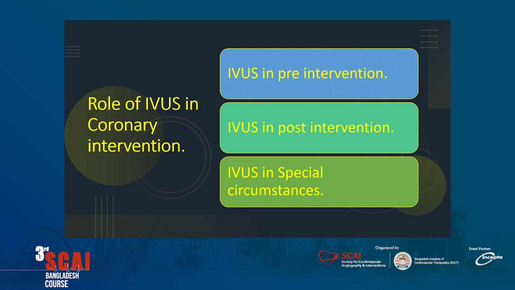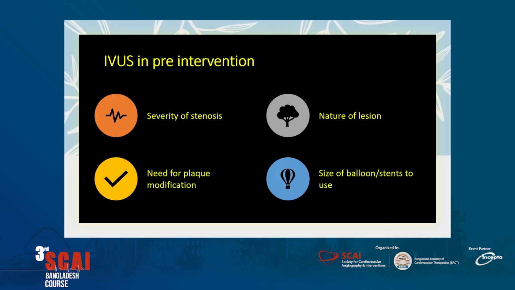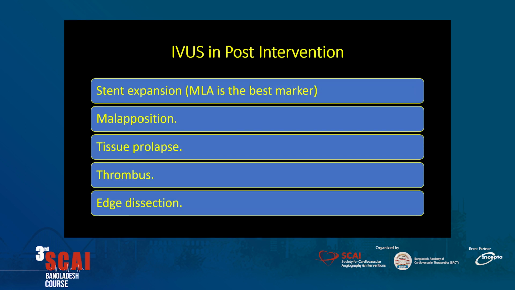Why we use IVUS: for pre-intervention, we see severity of stenosis, nature of lesion, need for plaque modification, and size of balloon and stent. For post-intervention, after putting the stent, we see stent expansion. It is the most important MSA marker for future long-term outcome, as well as malapposition, tissue prolapse, thrombus, and edge dissection.